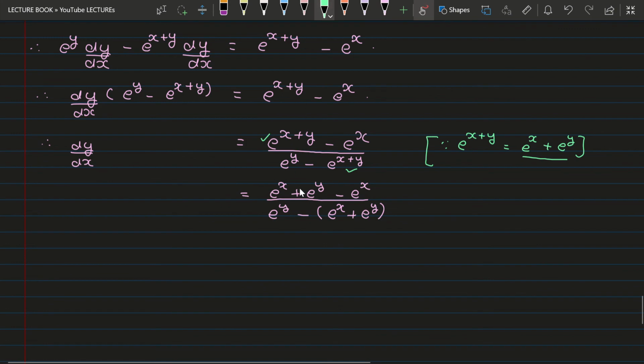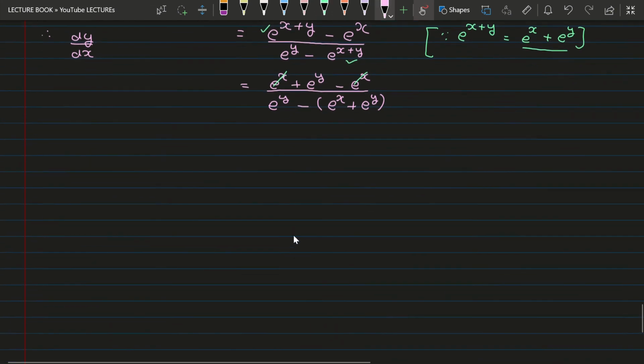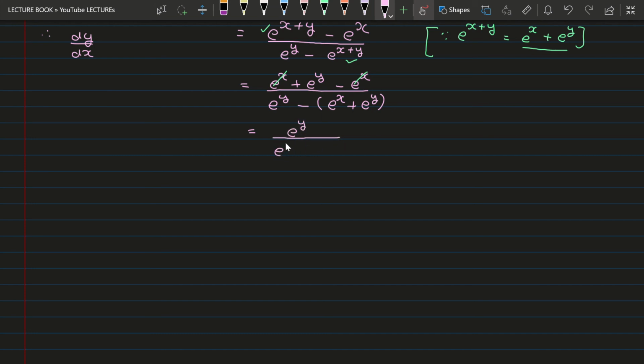In the numerator, cancel off this e raised to x, but in the denominator, open the brackets first. So you get e raised to y upon e raised to y minus e raised to x minus e raised to y. So guys, over here also e raised to y will get cancelled off.